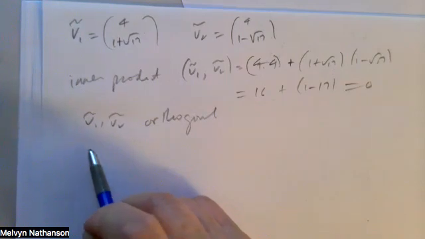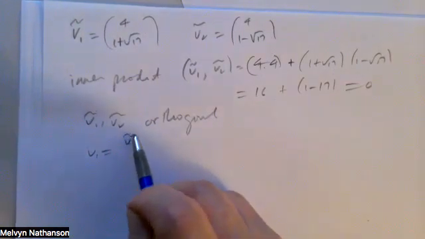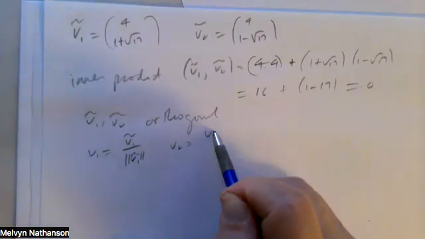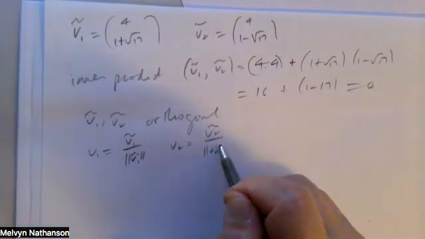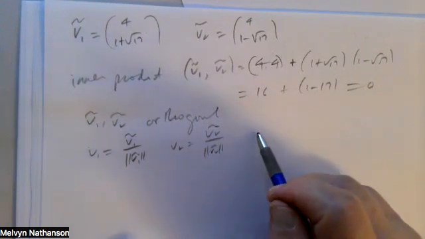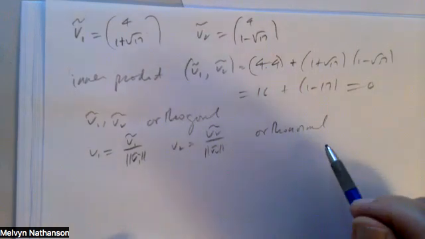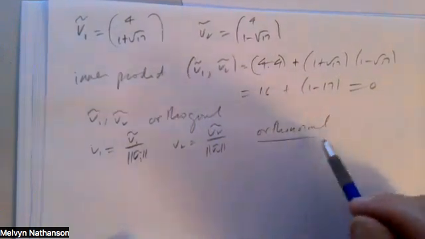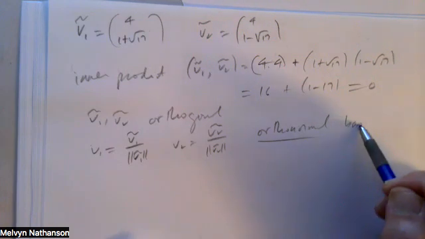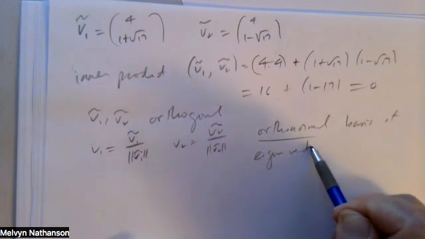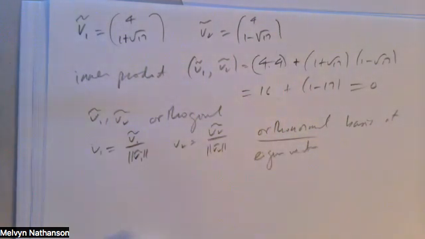And if you take each of these vectors and divide by their lengths, then these vectors are orthonormal. Orthonormal means orthogonal plus the vectors each have length 1. So this is an orthonormal basis of eigenvectors. And the whole point is to understand and simplify a linear transformation.